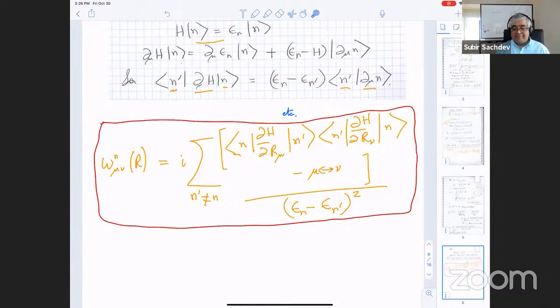So now you can easily put this on your computer. It doesn't matter what eigenstates your Mathematica spits out. The answer won't depend on the phase. So you just need the derivative of the Hamiltonians, which explicitly are gauge invariant, not up to you. You're given the Hamiltonian. And then you compute this. And so this is the exact expression for the Berry curvature of any Hamiltonian with a non-degenerate spectrum as a function of some R's. Okay, very general and very important result.